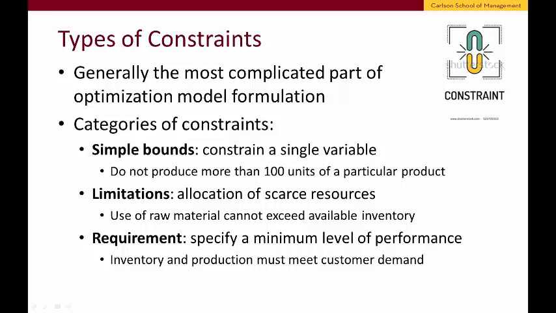First, simple bounds are constraints on a single variable, expressed as either requirements, such as at least $10,000 must be invested in stock A, or limitations, such as do not produce more than 100 units of a particular product. And it is these two words, limitation and requirement, that describe the majority of linear programming constraints.